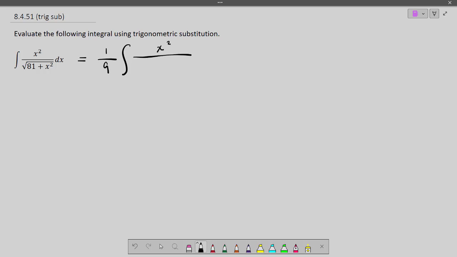And we will be left with 1 minus x divided by... There's no 81 there, so we put 1 in the denominator. It's going to become an x over 9 quantity squared. Plus, thank you. Tangent is plus. So then x over 9 becomes our substitution.